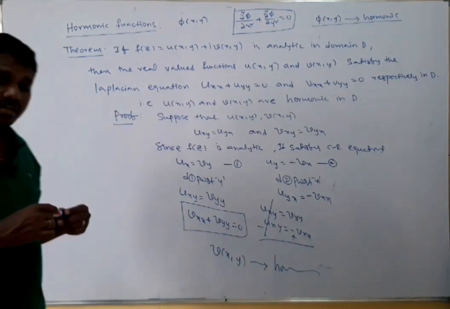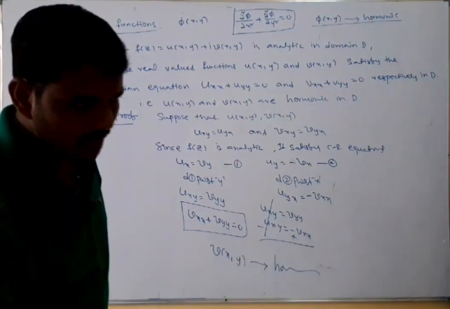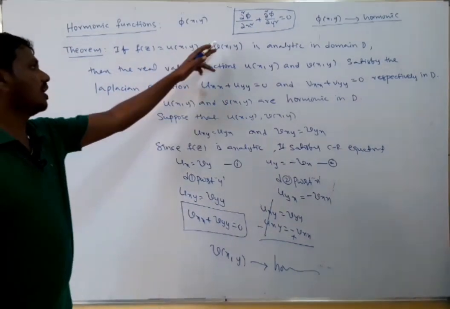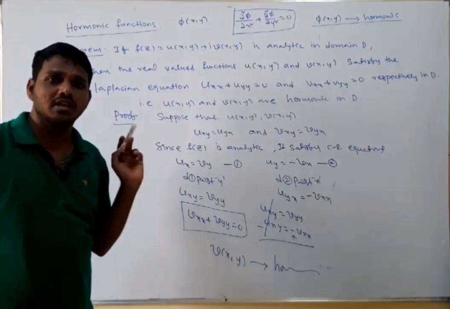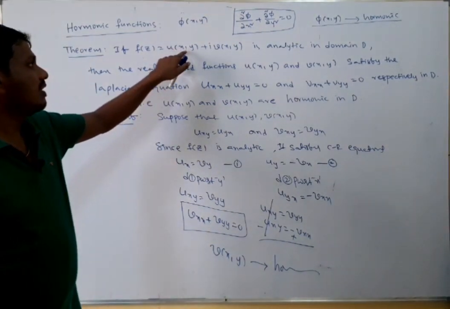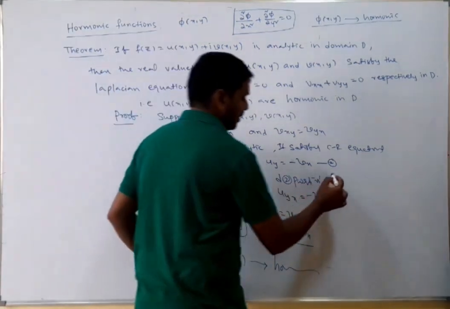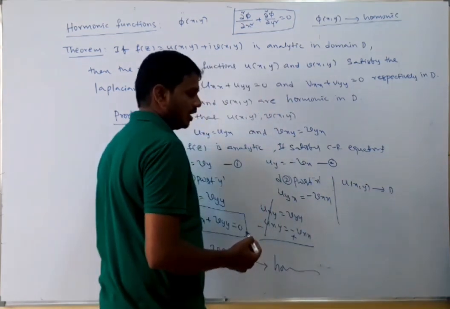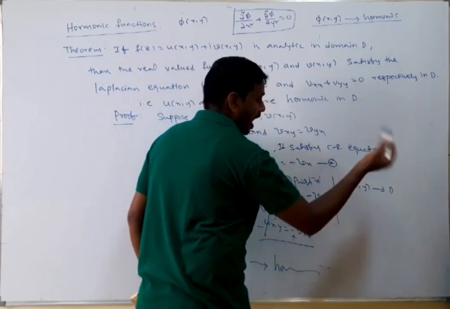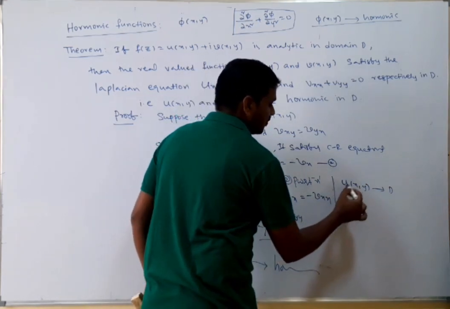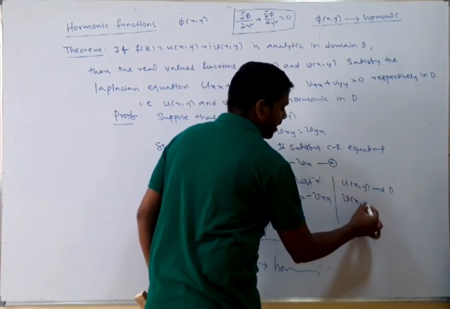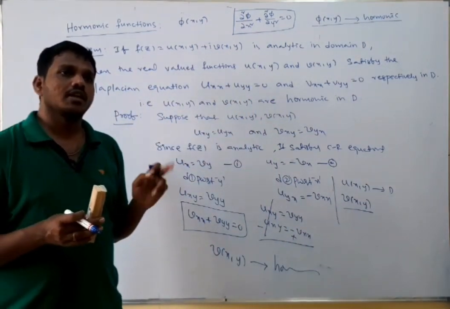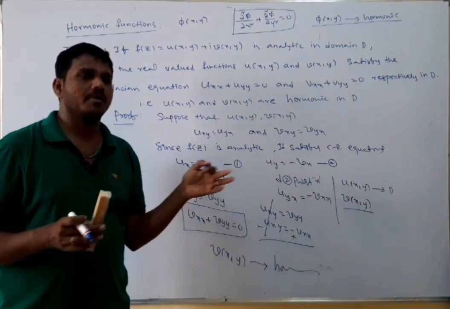Is it clear? If the function f of z is equal to u of x comma y plus i v of x comma y is analytic in the domain D, then the real and imaginary parts are harmonic in D. Here is a very important note: if u of x comma y is harmonic in D, then the harmonic conjugate of u of x comma y is v of x comma y, and vice versa.